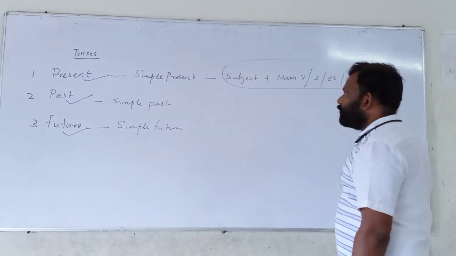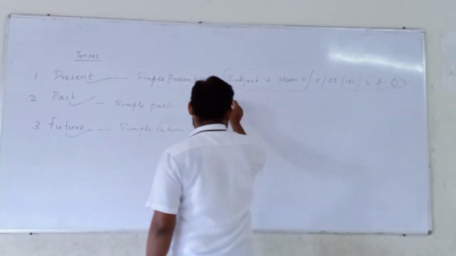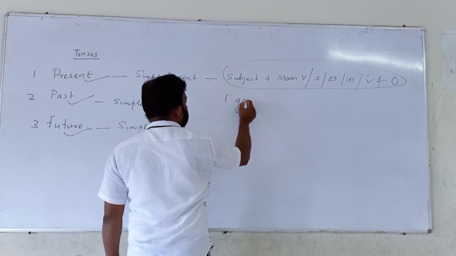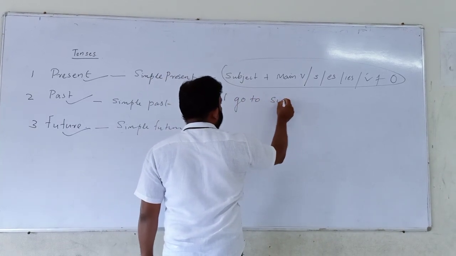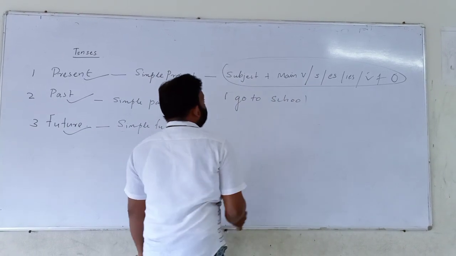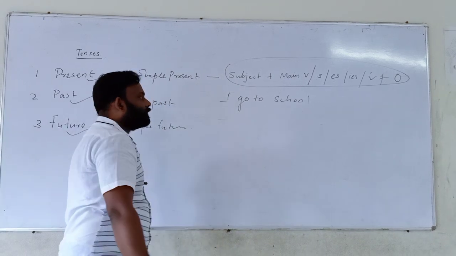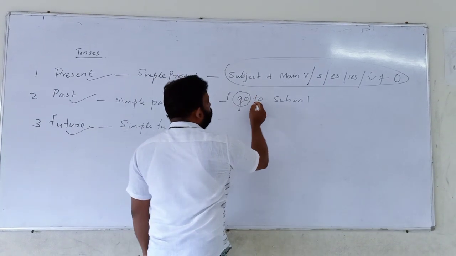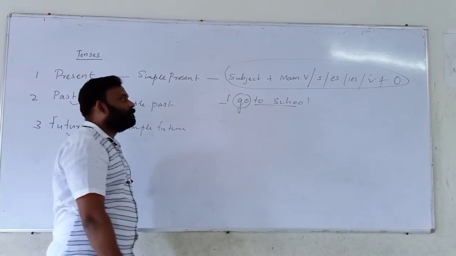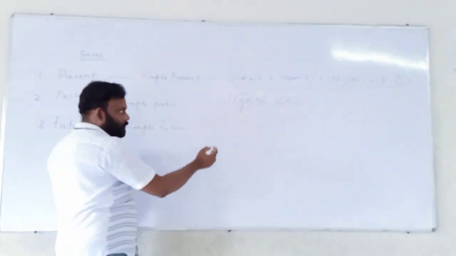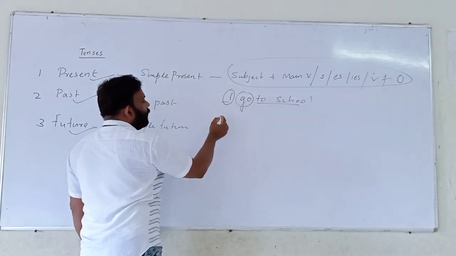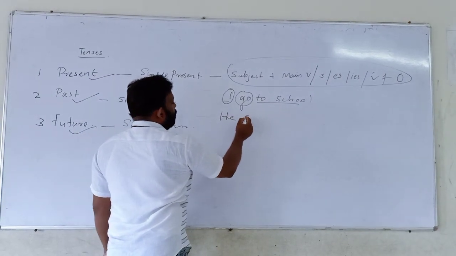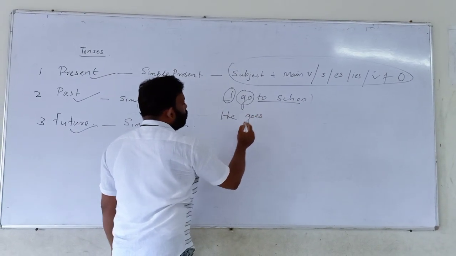I'll give examples for this. For example, I go to school. Here I is the subject, go is the main verb, and to school we can write as the object in the sentence. So when we change the subject I into he, the main verb go will change into goes.